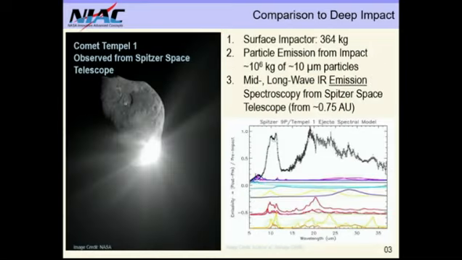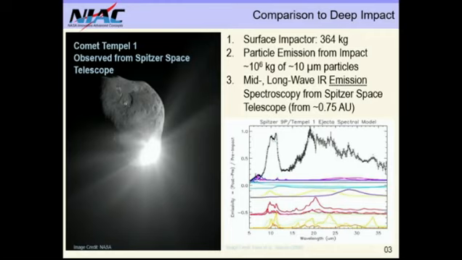The next one that I want to compare to, and there's probably lots of comparisons that we could do, is Temple 1, the Deep Impact mission, which sent an impactor into the comet. That impact produced about 10 to the 6th kilograms of particles, mostly in the 10 micron size range. And then they used the Spitzer Space Telescope at 3/4 of an AU to look at the mid and long wave infrared emission spectrum of those particles, right?